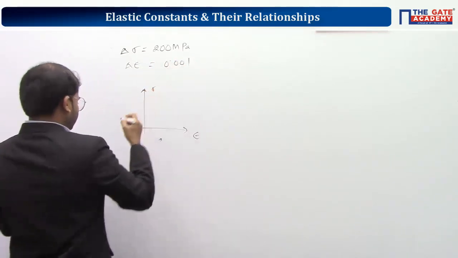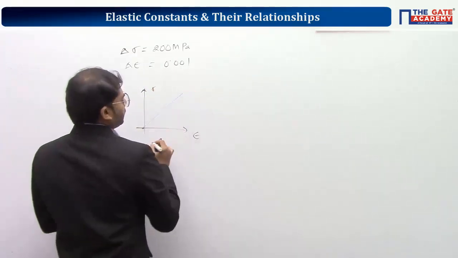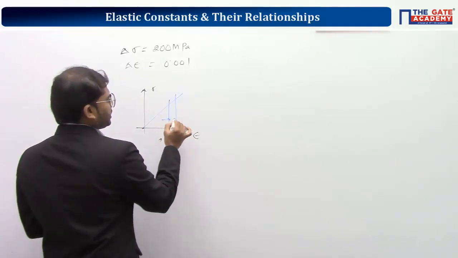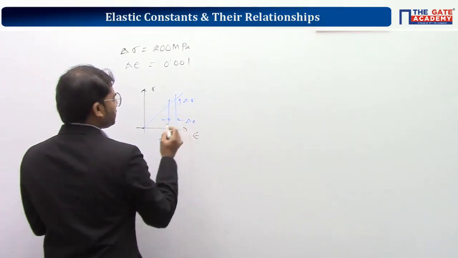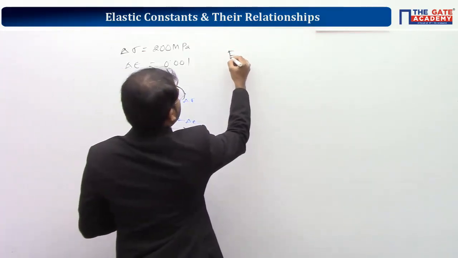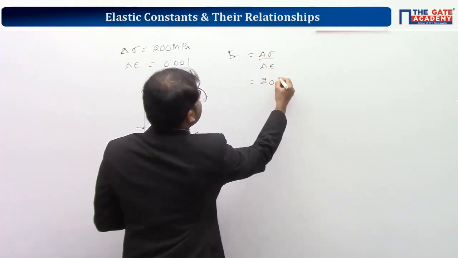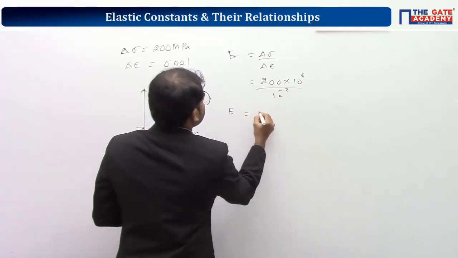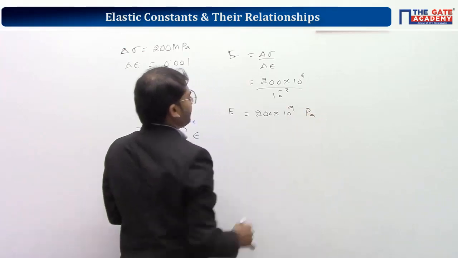The curve is straight and starts from the origin, so change of stress by change of strain is the slope. Young's modulus is change of stress by change of strain: 200 into 10 power of 6 by 10 power of minus 3. So E comes out to be 200 into 10 power of 9 Pascal.